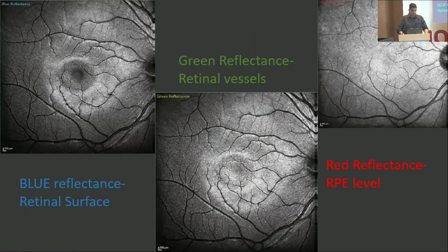This is how a normal fundus image looks in the different reflectance images. The blue reflectance shows the foveal lip very beautifully, while it is almost negligibly seen in a red reflectance image.